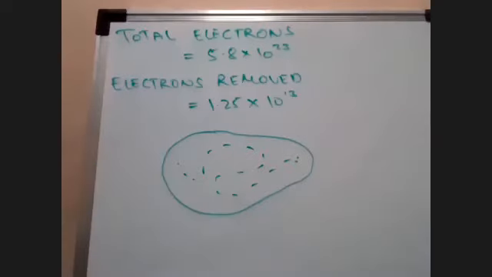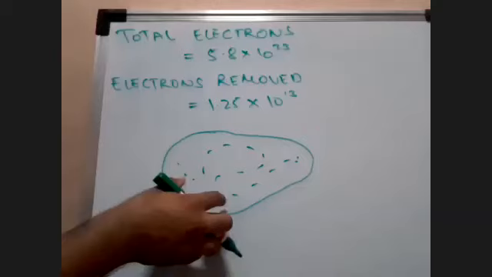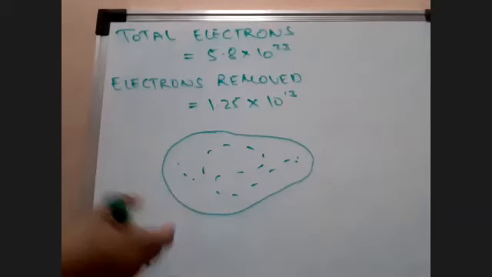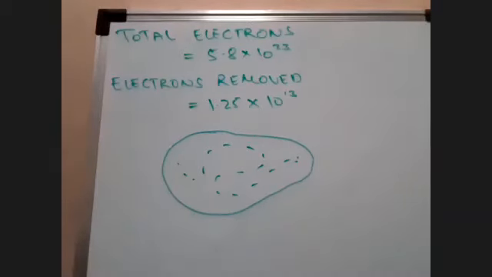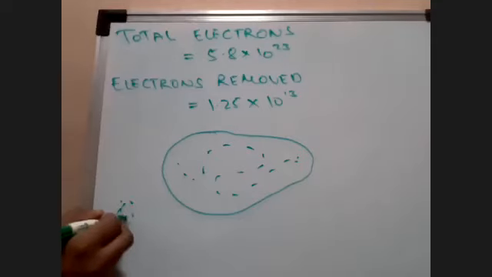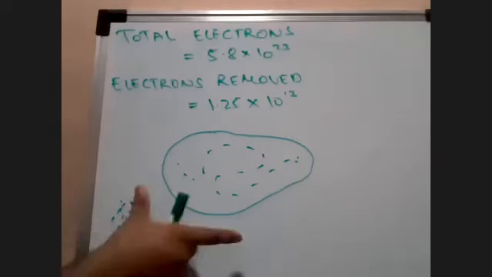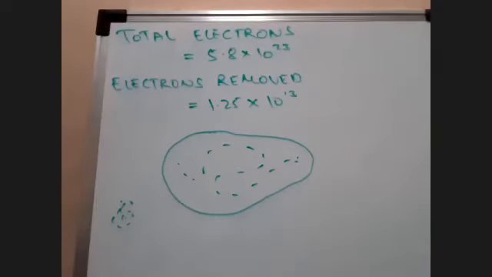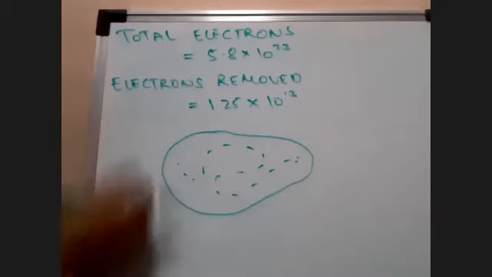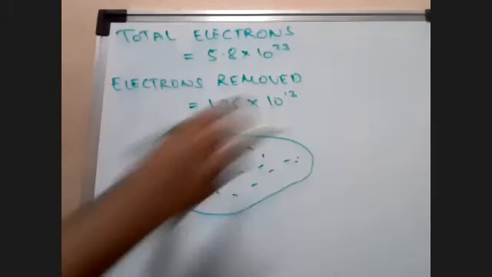Now you have found out the total number of electrons that was removed. If you remove them, you get a charge of plus 2 microcoulombs on this system. This is the total number of electrons removed, 1.25 into 10 raised to 13.